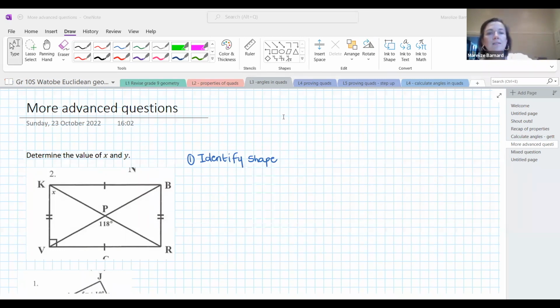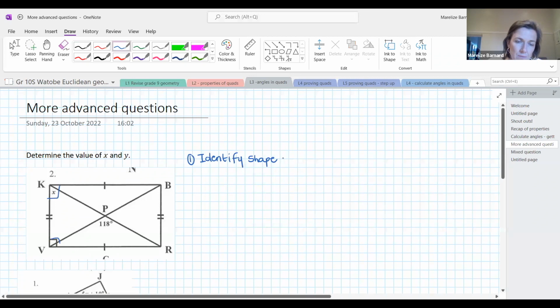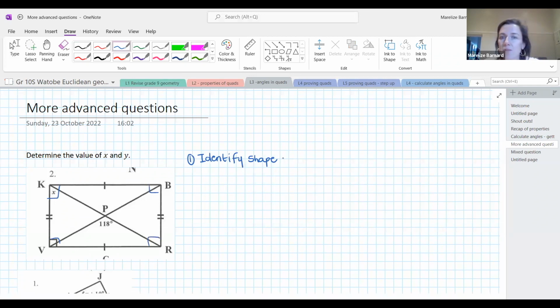Okay, so we're going to identify the shape first. So I think everyone's in agreement that it is a rectangle. Why is it a rectangle? Opposite sides are equal and the corners are 90 degrees. Now that we know that it's a rectangle, yes, Unati?